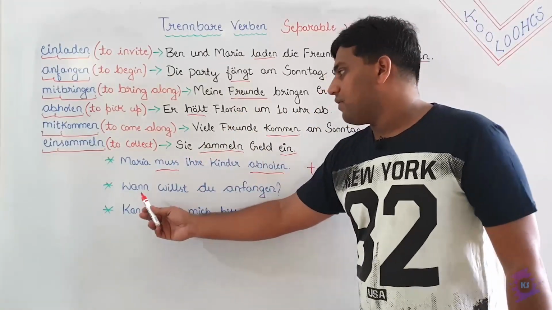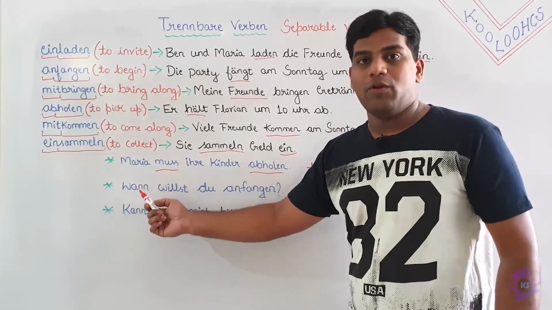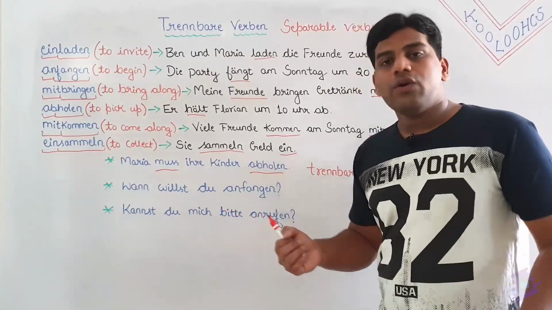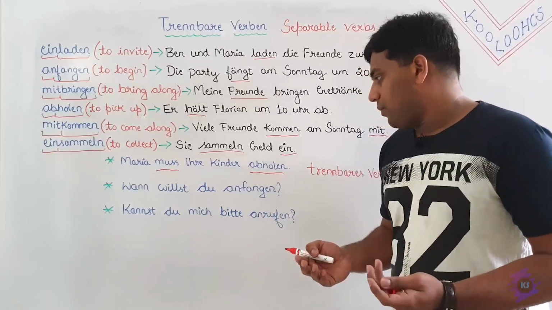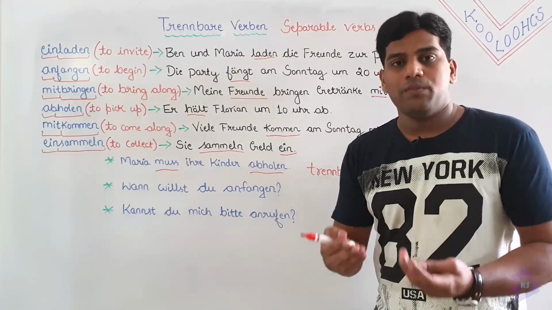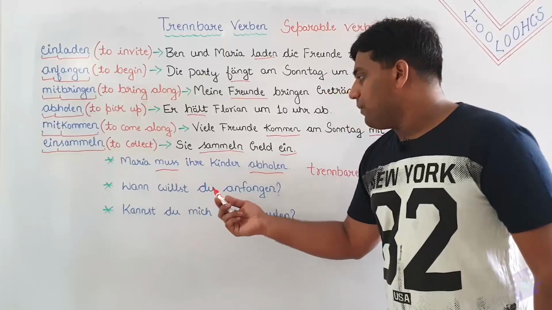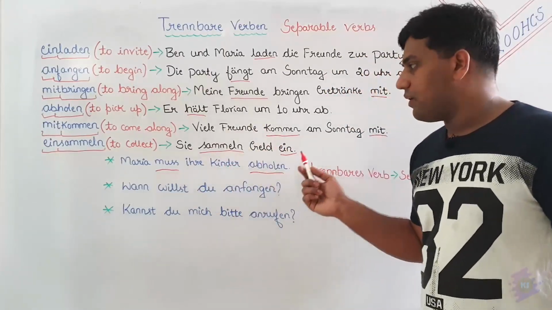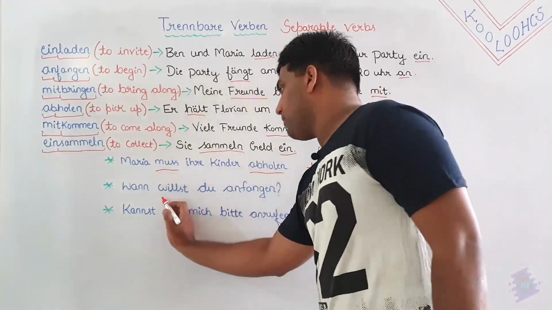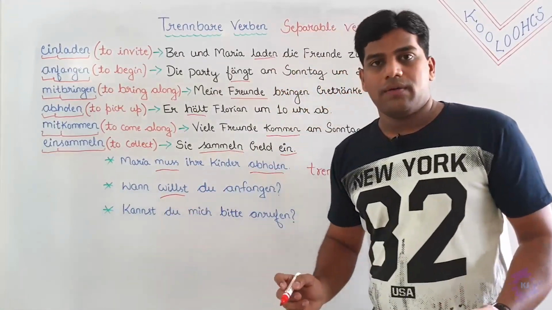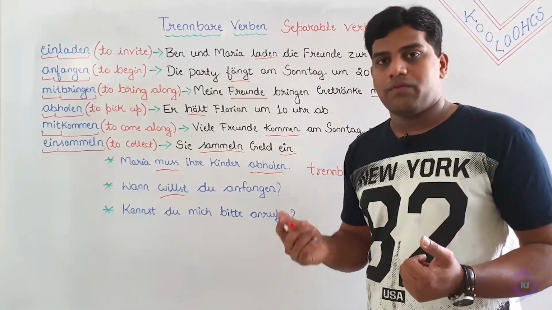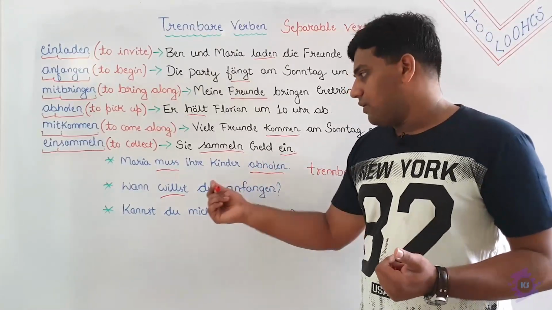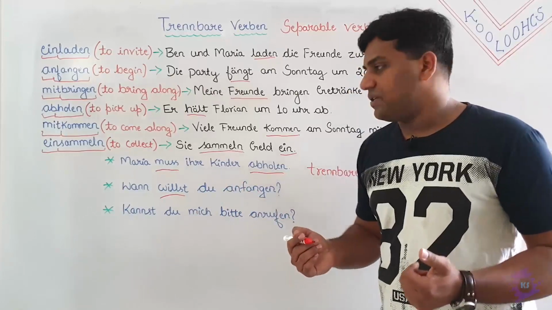Next example is with a W question, that is wann. Wann means when. To ask when do you want to begin, suppose for a party or something, will be Wann willst du anfangen? Here willst means want. Wollen is the infinitive form of this verb. That wollen means to want, that we came across in my modal verb session.